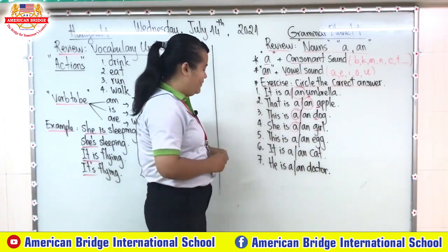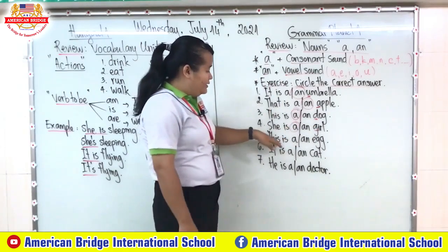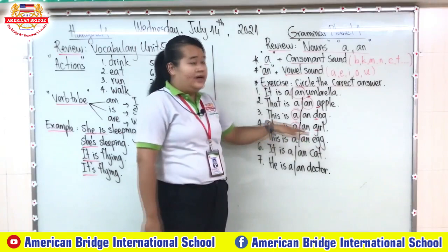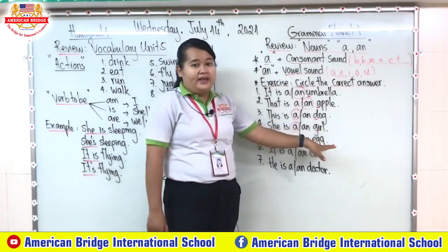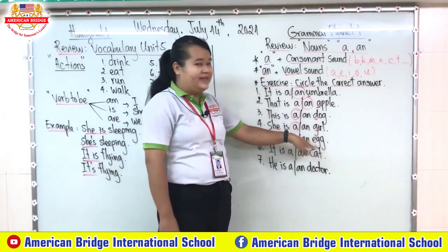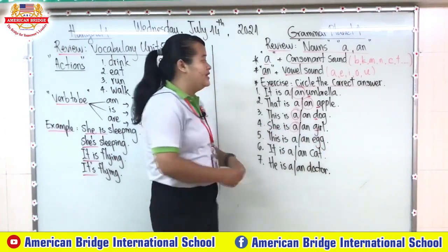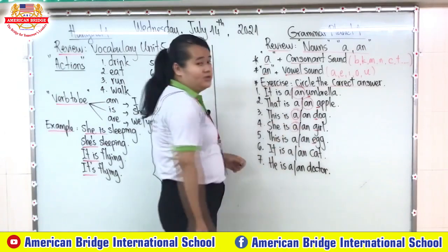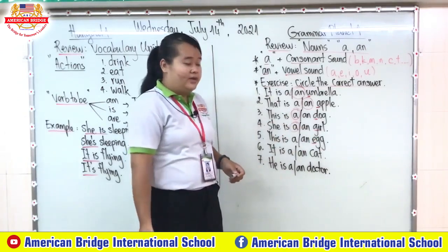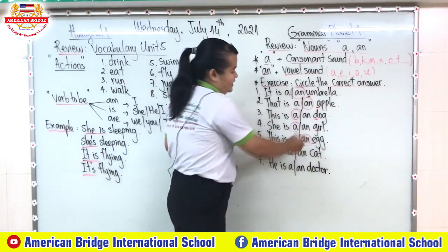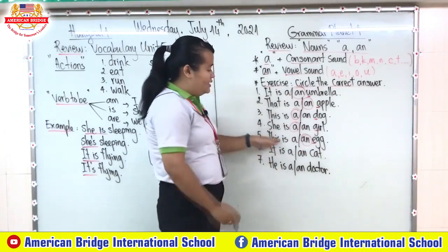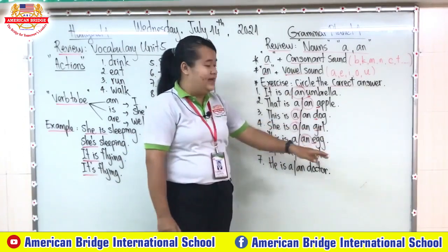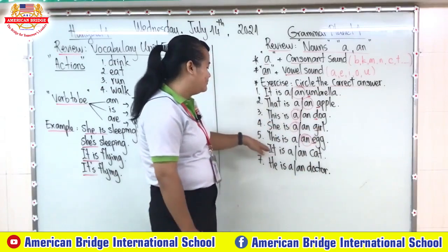Now let's move to number 5. This is a egg or this is an egg. Egg is E-G-G. So E is a vowel, right? So do we use a or an? Good. So we need to use an, right? So this is an egg. Number 6.